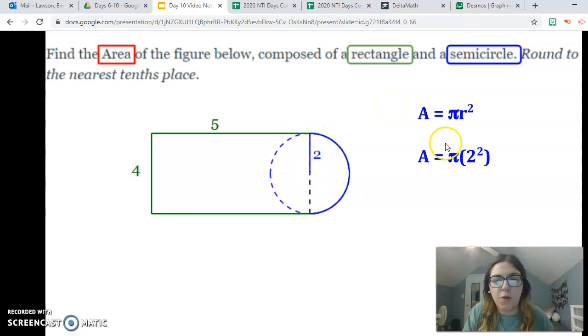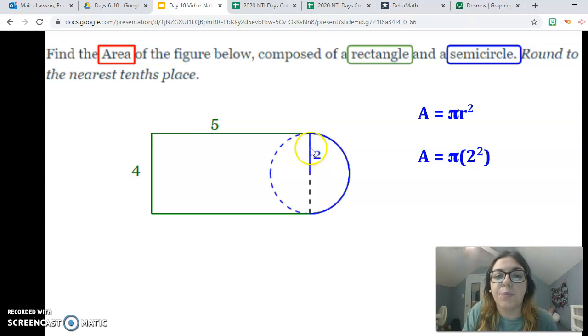Now, I've plugged in 2 for my radius, and where that came from is I know in a rectangle that this side and this side are congruent. Opposite sides are equal, which means that this whole piece right here, the diameter of that circle, is 4. The radius is half of the diameter, so I just divided that in 2, and I got 2 as my radius.